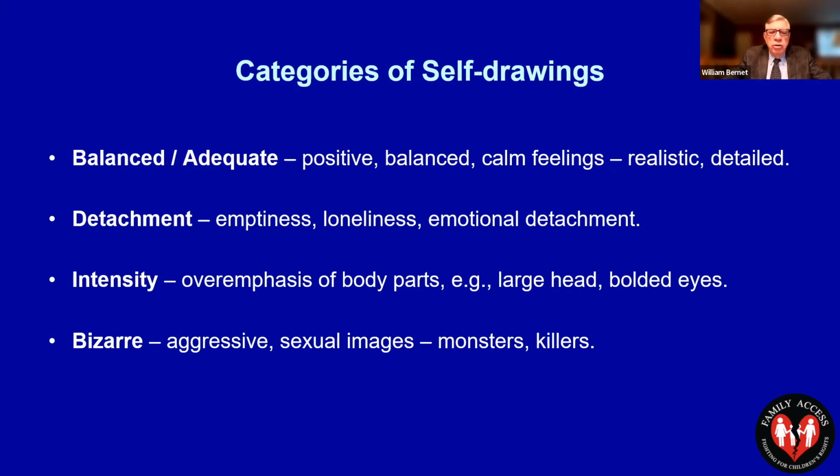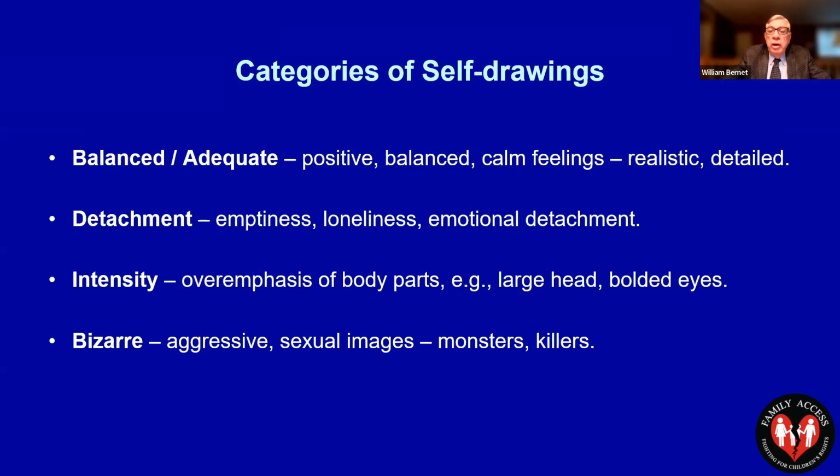There's another category called intensity, which explains that if you look at the drawing, certain parts are done with a very strong component or an overemphasis of certain body parts, like the eyes are very prominent or the mouth is very prominent. And finally, there's a category called bizarre, like monsters or unusual aggression or unusual sexual images.